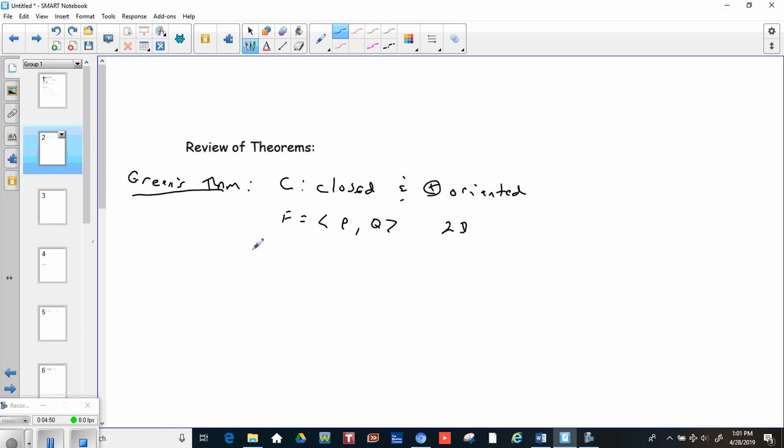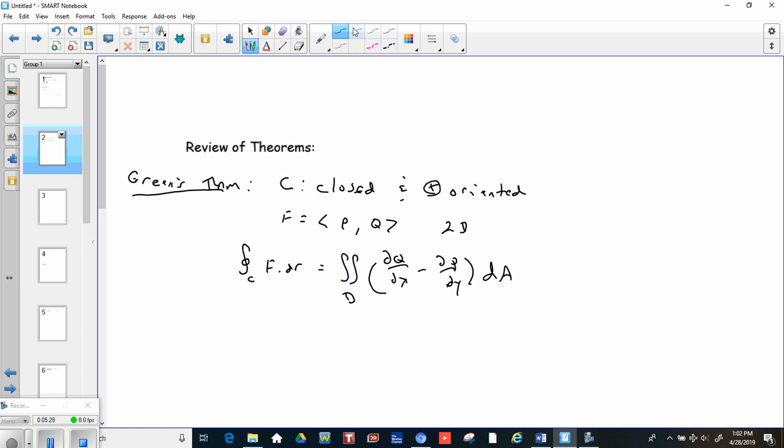And Green's theorem was defined to say that the line integral, closed, again, that's what that little circle means, closed positively oriented, of F dot dr could be defined as a double integral over the domain that's within C, that C encloses, of dQ/dx minus dP/dy dA over the area of that domain.